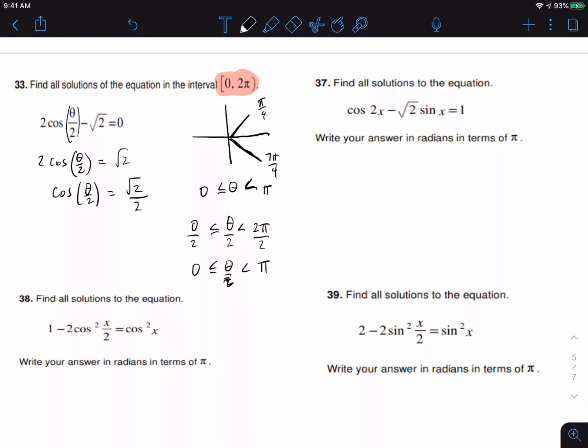So our theta over 2 was these two values. But when we look at the restriction, what does that tell us? If we're doing theta over 2, aren't we just doing half the circle? So which one is our answer? Isn't our answer only the pi over 4?